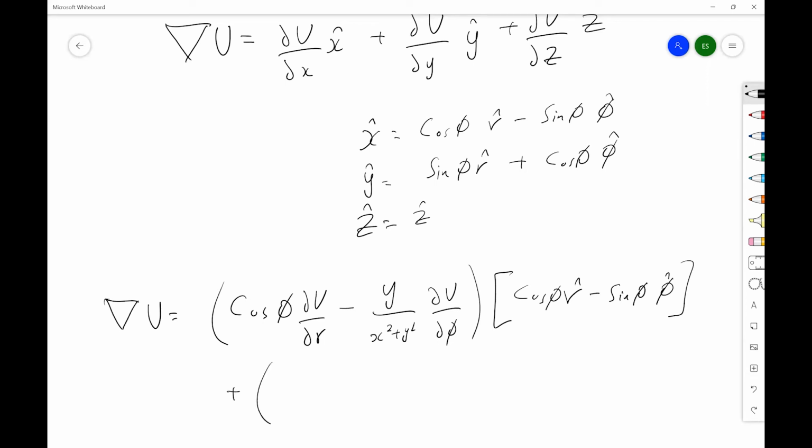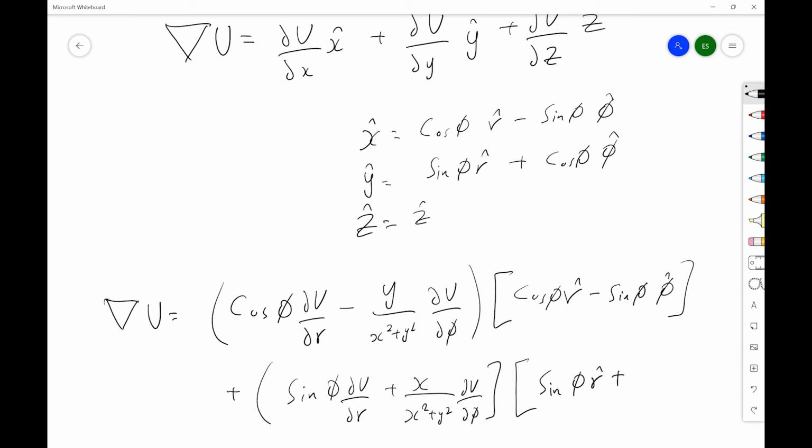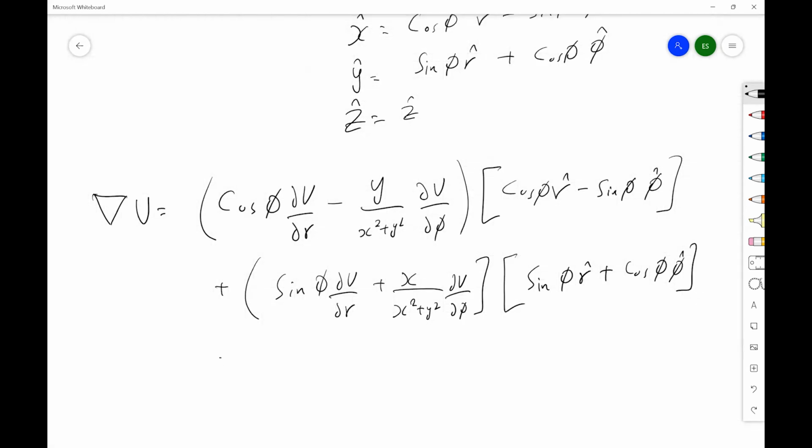And then instead of delta u over delta y, I'm going to put in this sine phi delta u over delta r plus x over x squared plus y squared delta u over delta phi times, instead of y hat, I'm going to put in sine phi r hat plus cosine phi phi hat. Finally, du over dz z hat. And all that's left is algebra, multiplying everything together.